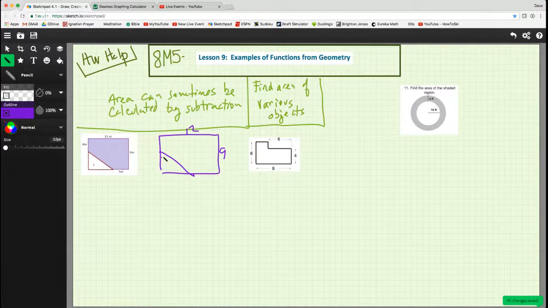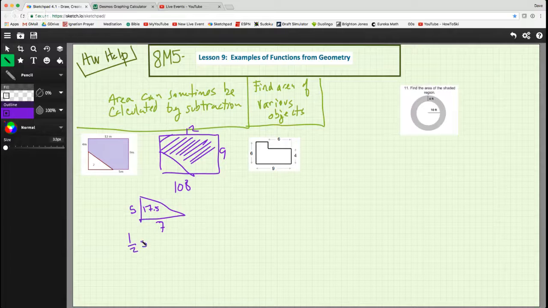Let's say it's 5 by 7, so that's 1/2 times 5 times 7, which is 35 over 2, which is 17.5. So they have this 17.5 square meter section of cake.